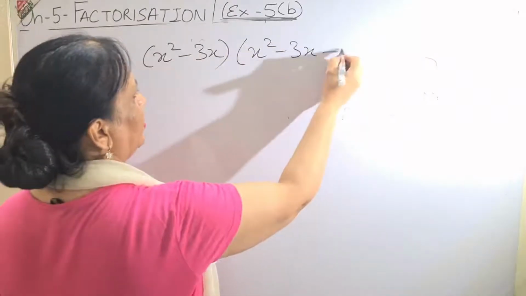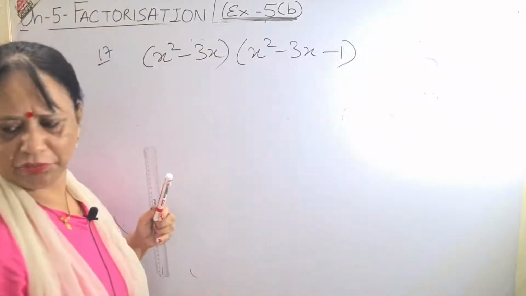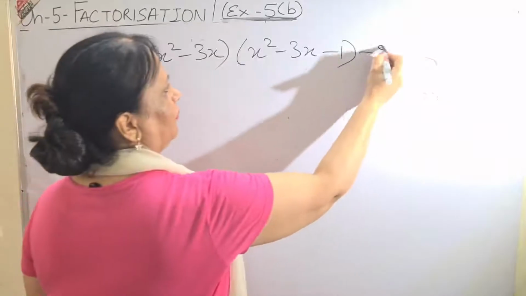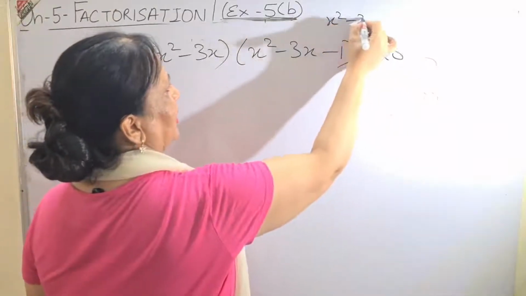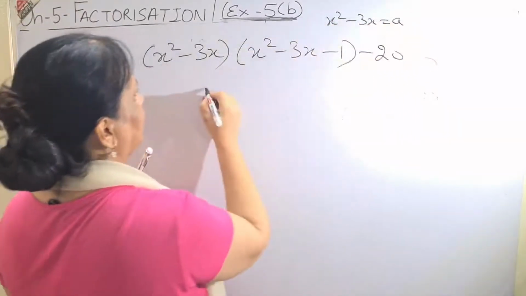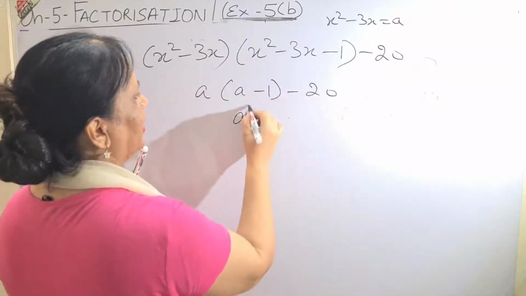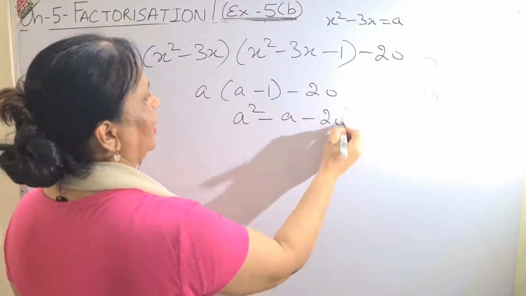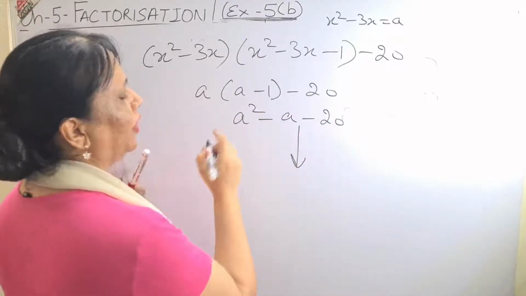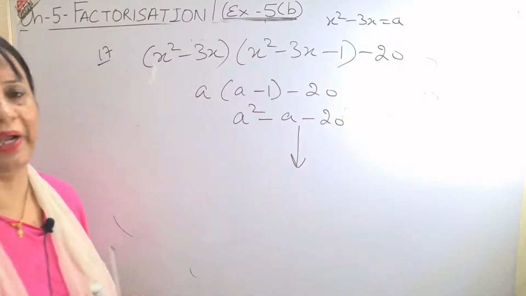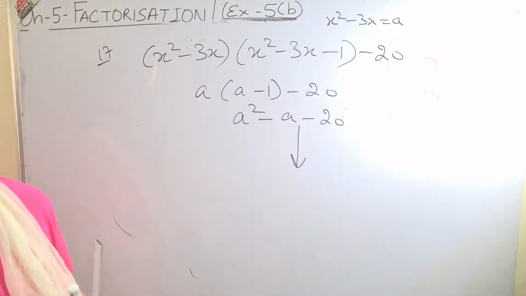As I write, you will say yourself, oh, it is so easy. So x square minus 3x, let it be a. So this is a minus 1 minus 20, or a square minus a minus 20. Rest you know. Don't forget to resubstitute the value back. If you will not do that, you know what will happen.